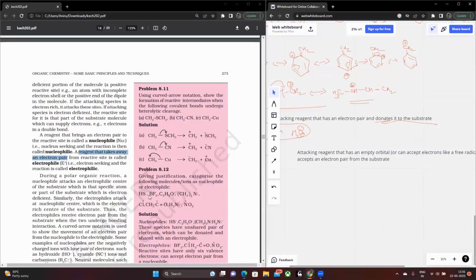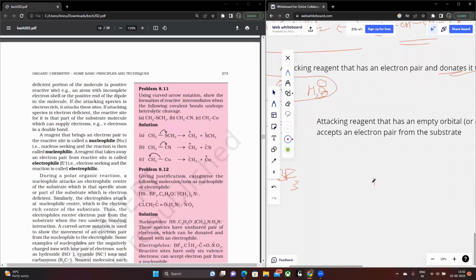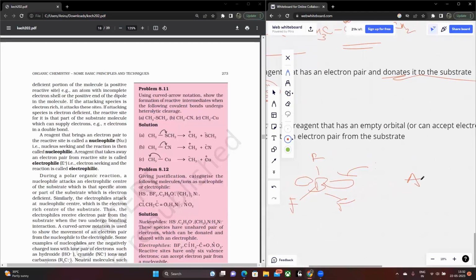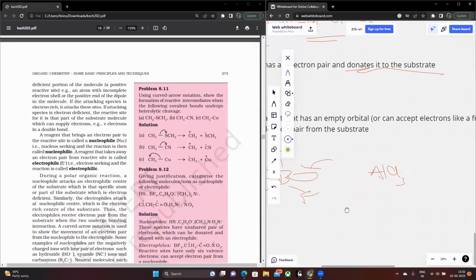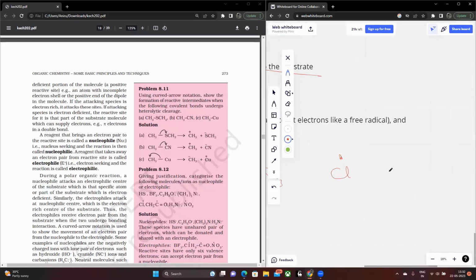So basically something like BF3, right? Some molecule like BF3, because boron trifluoride has an empty orbital over here that can accept electron pairs, right? AlCl3 acts much the same way. You have the chlorine free radical that is an electrophile, and you have your normal plus charge species like your CH3 plus, and your metal cations.